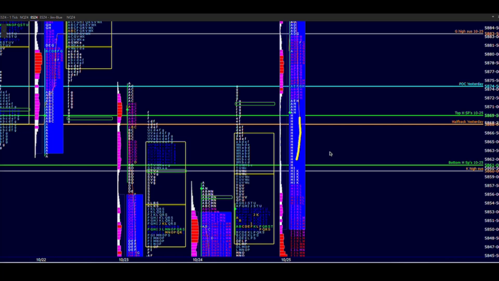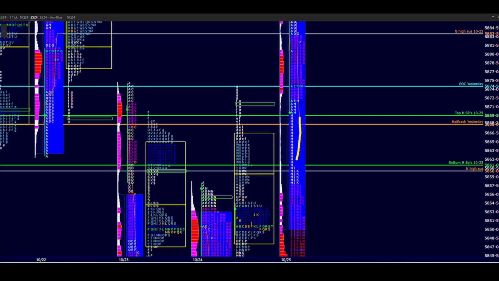It does not mean that doesn't happen. It's just very notable when it does. And so what does that mean? It means that there was an acute change in market participants' sentiment, and it's reflected in the continuous two-way auction.